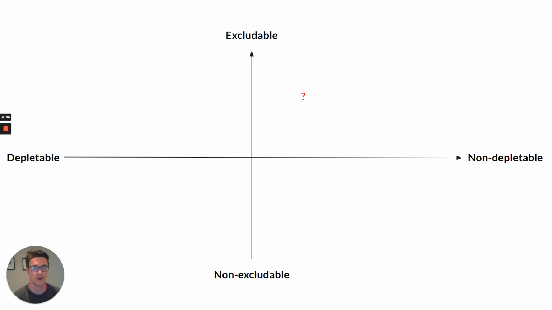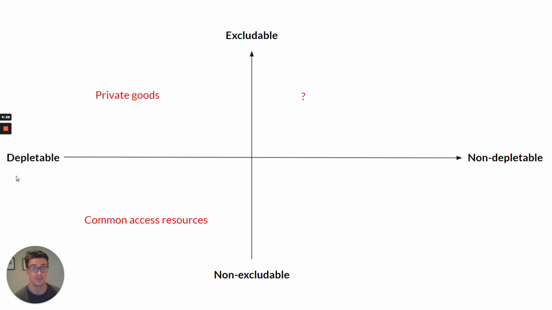So let's look at this quadrant here where we've got depletable, excludable, non-depletable, and non-excludable. And let's start over here in the left top up here, private goods. These are goods that do not result in a failure. Okay, so we're talking about the things that we've been talking about up until this point: cheeseburgers, iPhones, Harry Styles tickets.